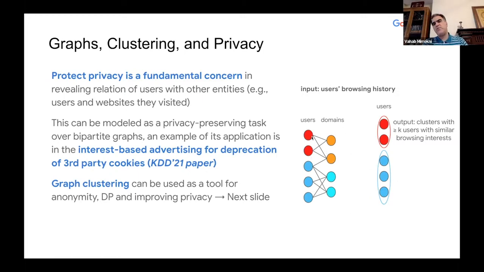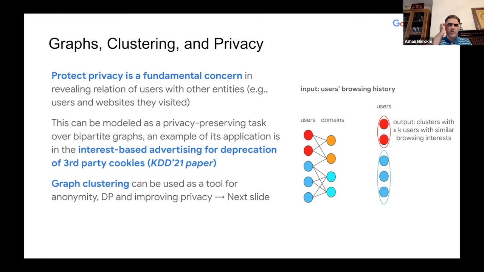For example, instead of tracking relations of individual users with the domains or with ads or with other entities, we can go to a higher level and use interactions of clusters of users. And that clustering of these bipartite graphs can be used to develop more privacy safe data mining.